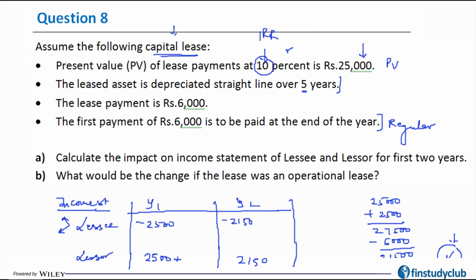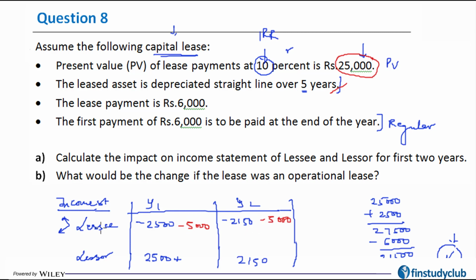So in that case, my interest is sorted out. What remains is the depreciation. There is no present value of the asset given, so I'm going to assume it to be equal to the present value of the lease, which is 25,000, and the asset being depreciated over 5 years. So the depreciation of 5,000 is going to be charged.